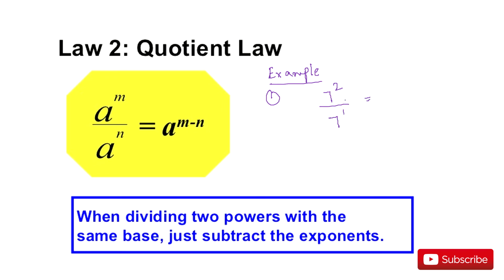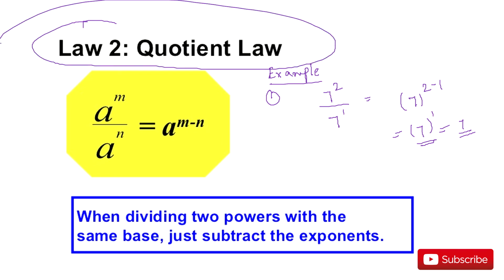Here the bases are same, so 7, and we subtract both the powers, 2 minus 1, that is 7 only. 7 to the power 1 is automatically 7. So when dividing two powers with the same base, just subtract the exponents, right? So this law is called the quotient law.